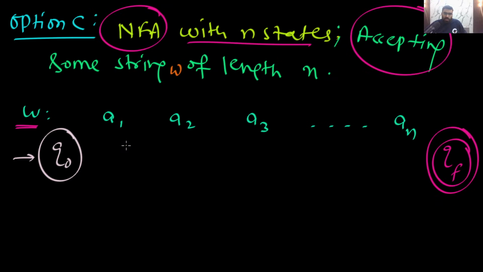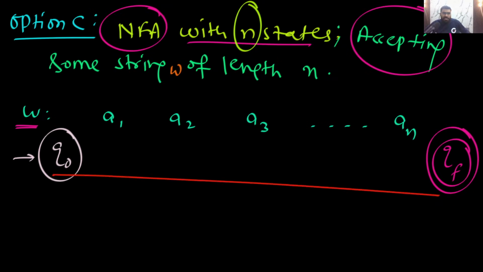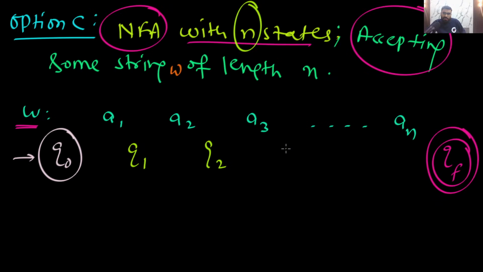Now you can easily notice that some state must repeat. Yes or no? Because you have a total of n states. In this sequence, how many states will there be? Some state will be here, some state will be here, and so on.